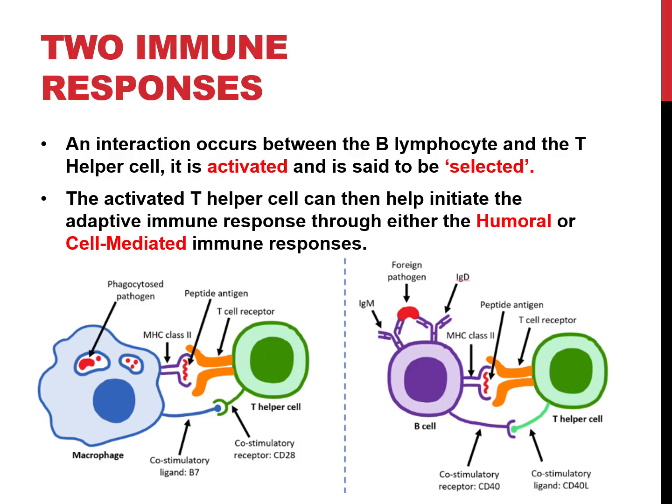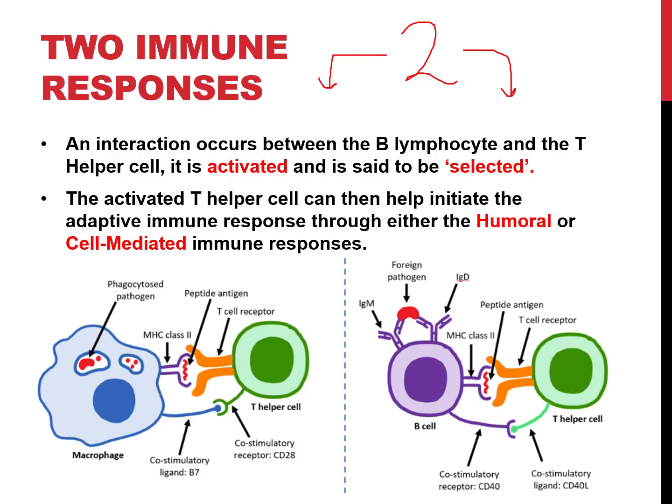An interaction occurs between the B lymphocyte and the T helper cell. It is then activated and is said to be selected. From here there's two different responses that occur. I don't like the shape of that, so I'm going to draw it again. Two different responses. It can go two different ways from here, and that's what you need to be aware of.